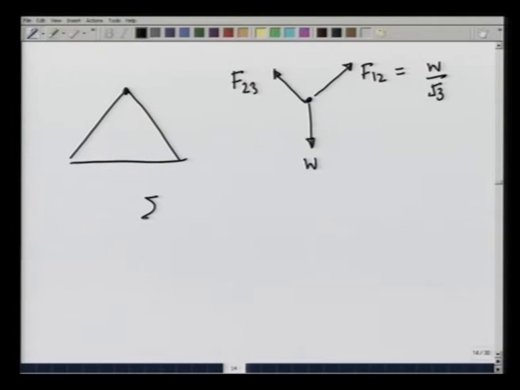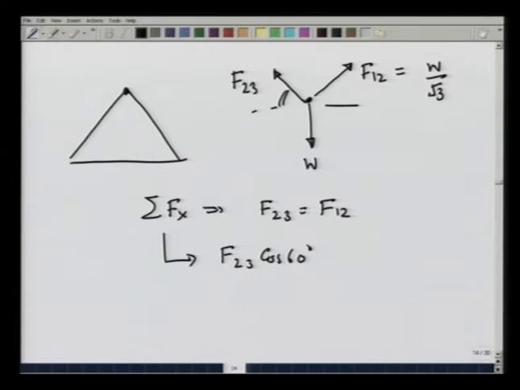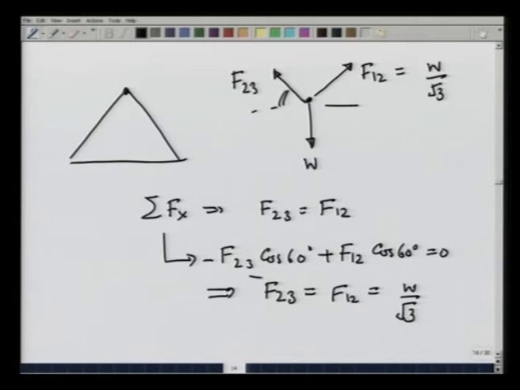Now, summation F x then gives you that F 23 should be equal to F 12. Of course, this comes with F 23, this angle is 60, cosine of 60 degrees with a minus sign, plus F 12 cosine of 60 degrees is equal to 0, and this gives you that F 23 equals F 12 equals W over root 3.